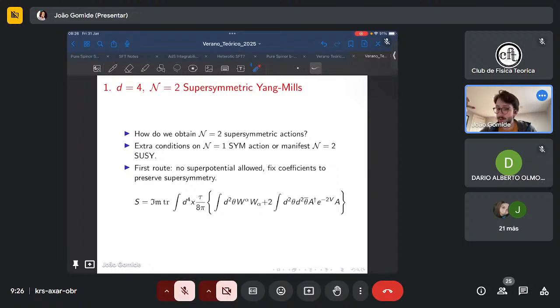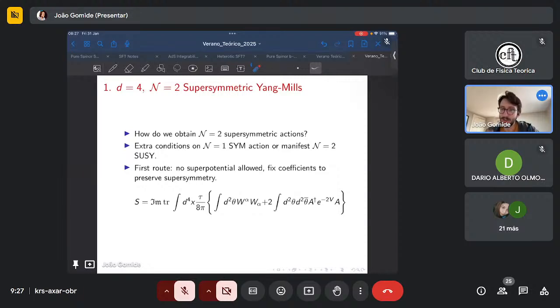So in the first route, we just take the usual stuff that we know about constructing supersymmetric actions, and you just tune the coefficients or the allowed terms to make N=2 supersymmetry be a thing.